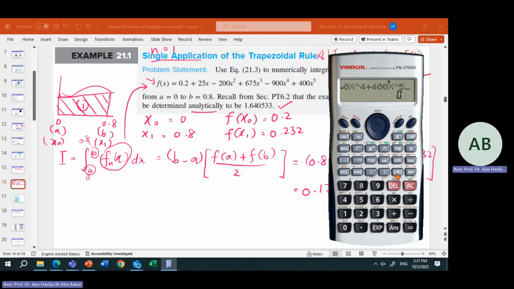Then key in a comma, then input the range A and B. 0 is the A, comma, B is 0.8. Close bracket, then press equal.